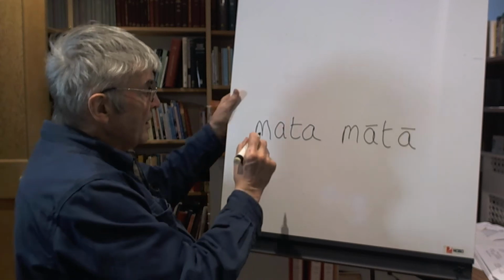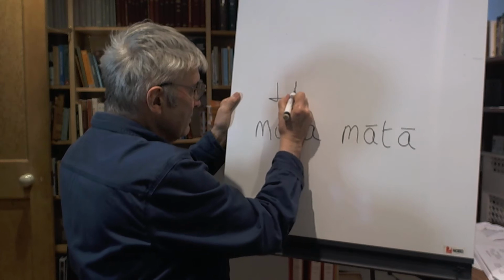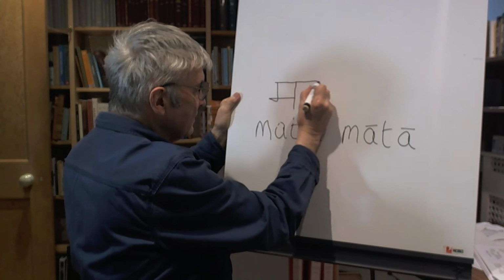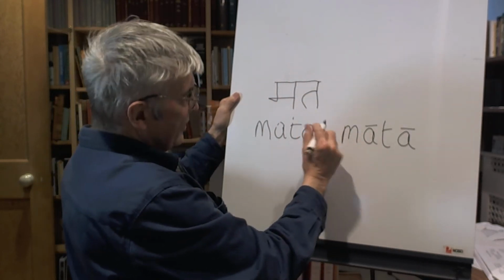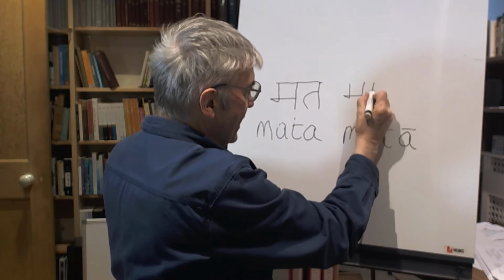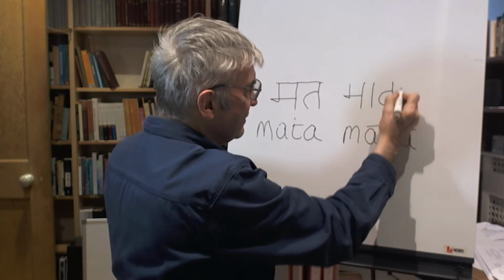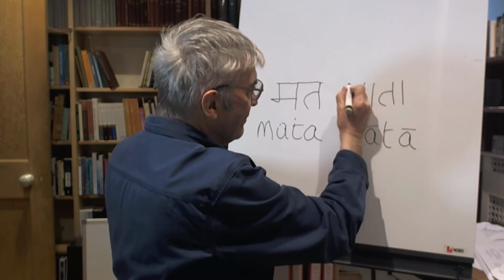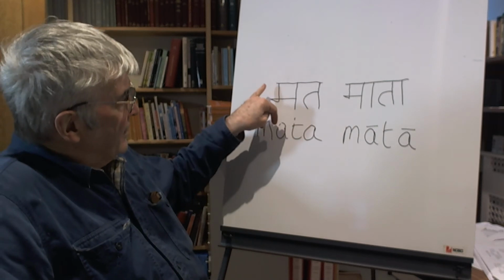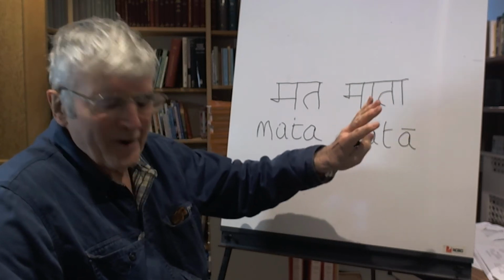If we were writing these two words in Devanagari, mata, mata, they would be written differently with the ma, this long bar after the m sound, and then again the long bar, mata. Note, for those of you who are learning Devanagari, traditionally the bar across the top is written last.